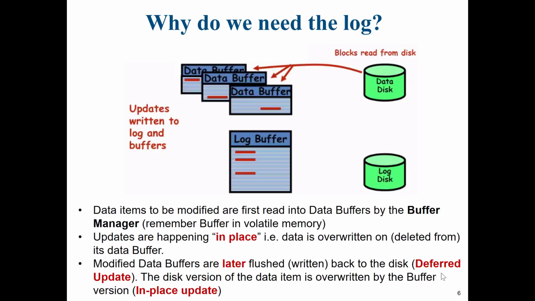It does it in two scenarios. Either it runs out of buffer memory and it has to throw away some of the pages, so it has no choice but to push them to disk.